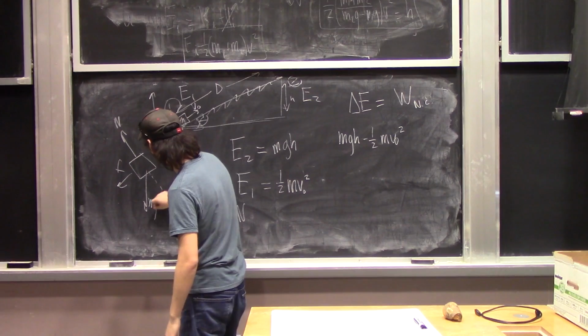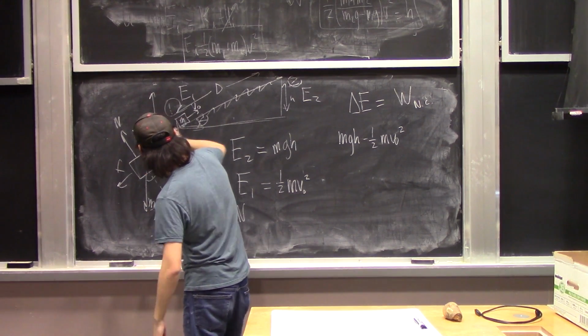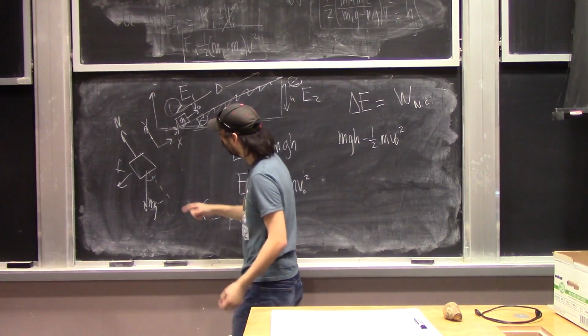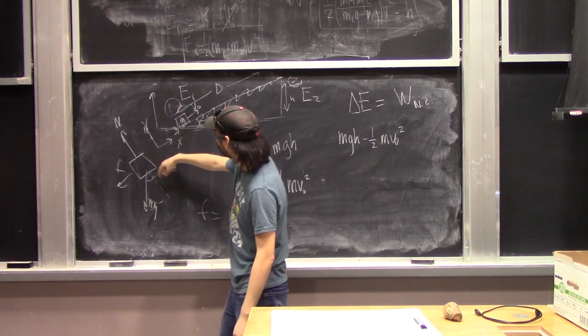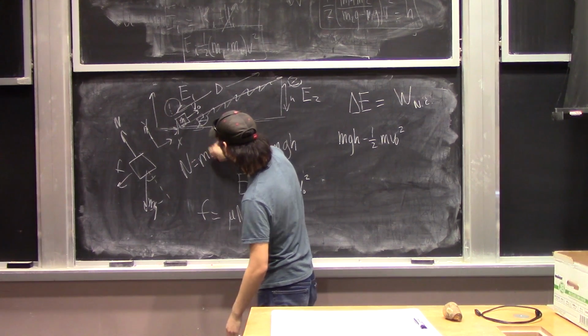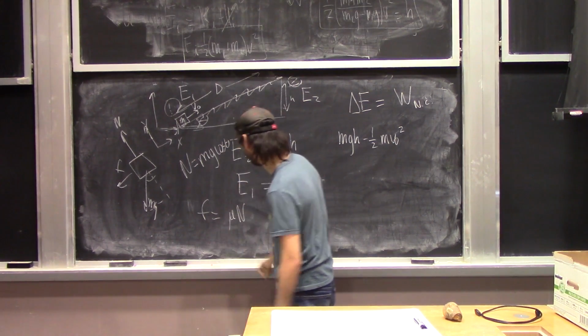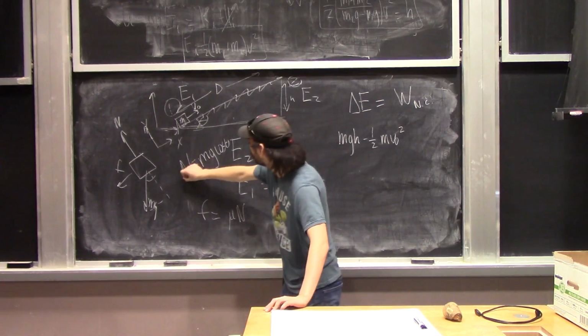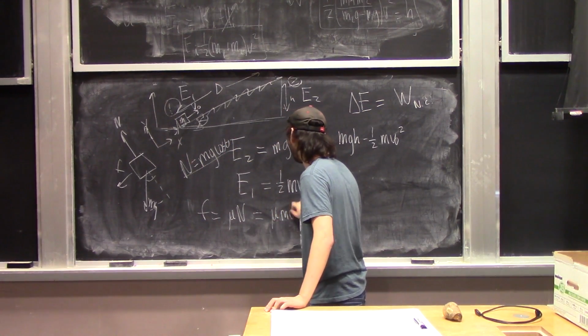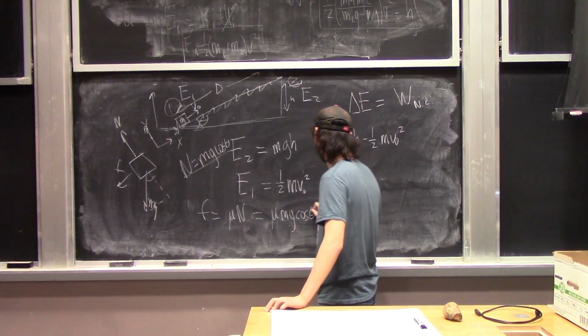To do that, we can sum our forces in what we can call the y direction, the plus y direction. What we see ultimately is that this normal force is going to be equal to mg times cosine of theta. So we can take this and plug it in here, and we see that this is going to be mu mg cosine of theta.